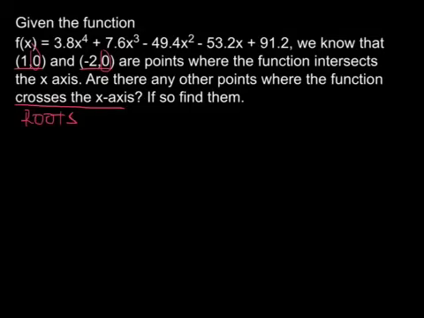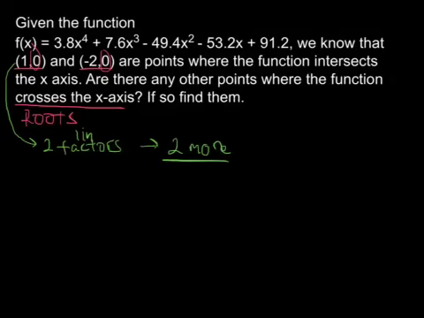The first thing that we know, based on these two roots, is that we have two linear factors. And so there should be two more. I need 4 total, so there should be 2 more.